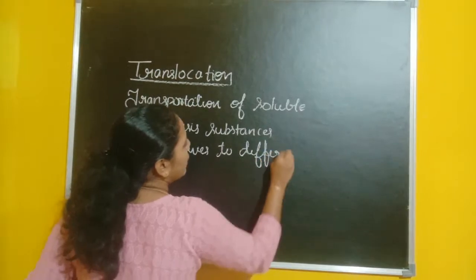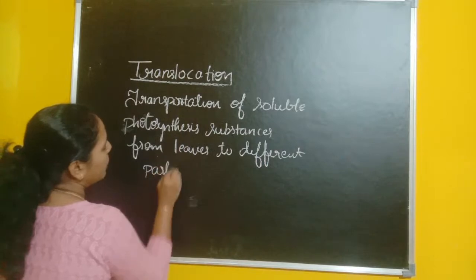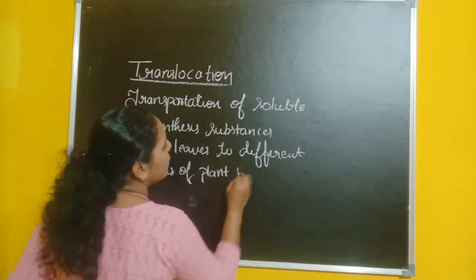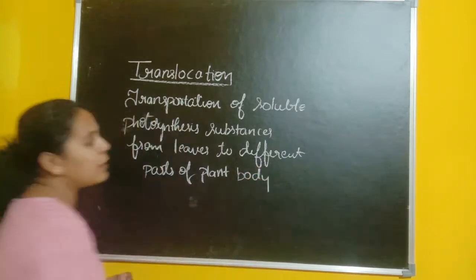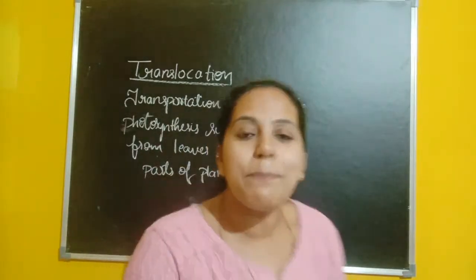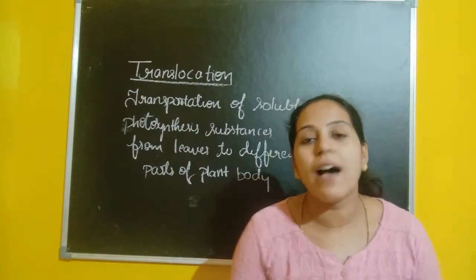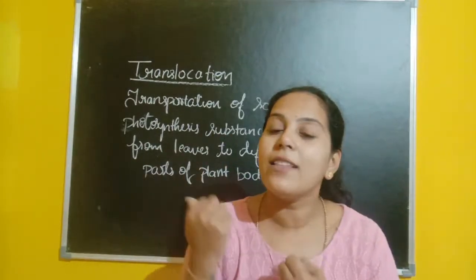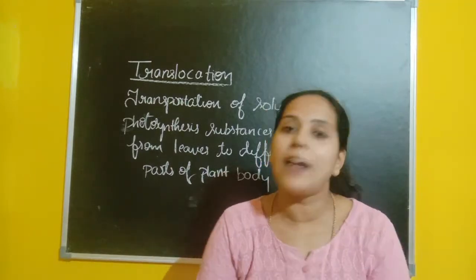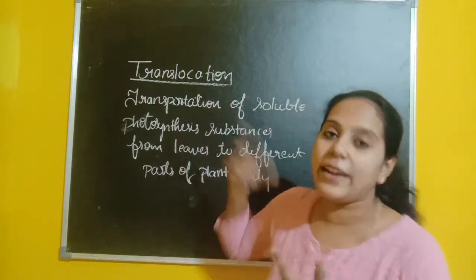We call this translocation. To put it simply, food is manufactured in the leaf, right? So the food manufactured in the leaf has to get transported to different parts of the plant body. This is what we call translocation.